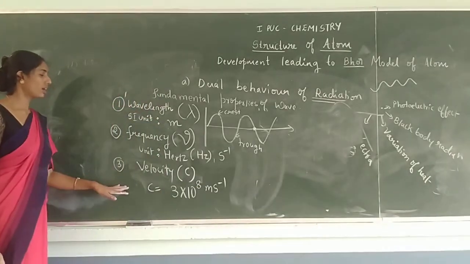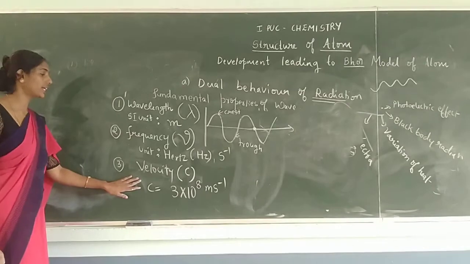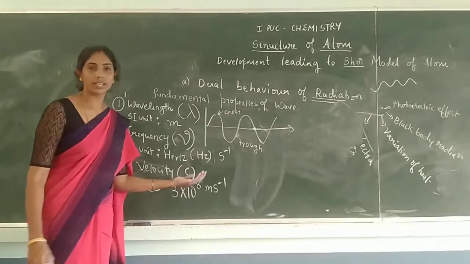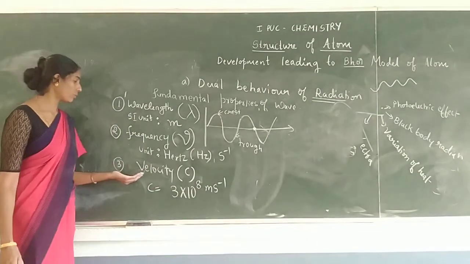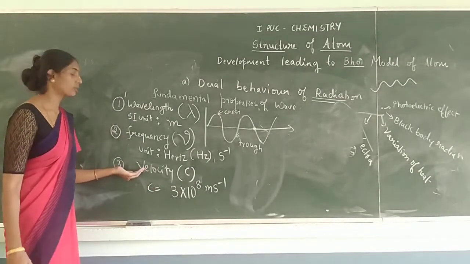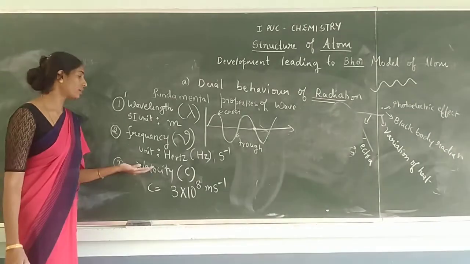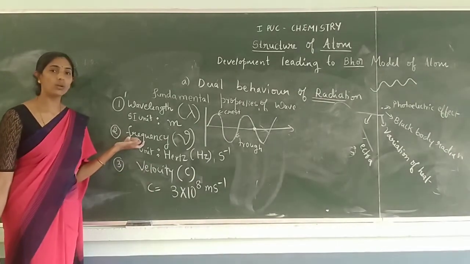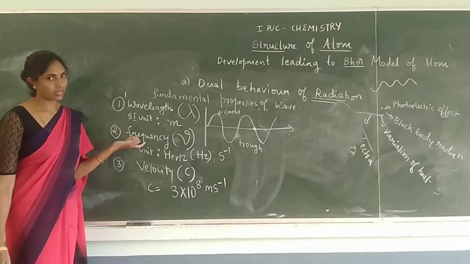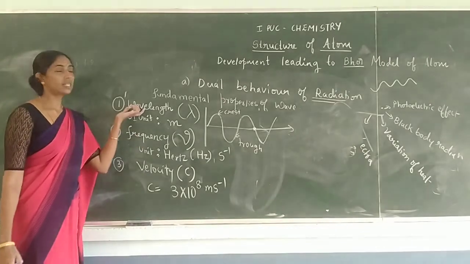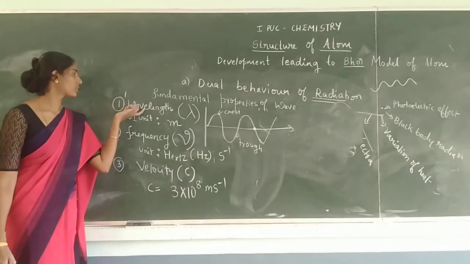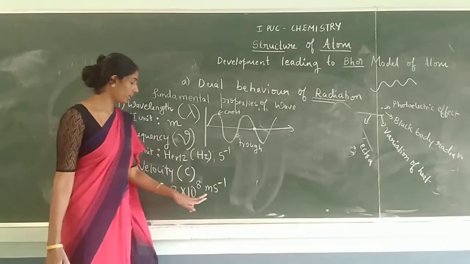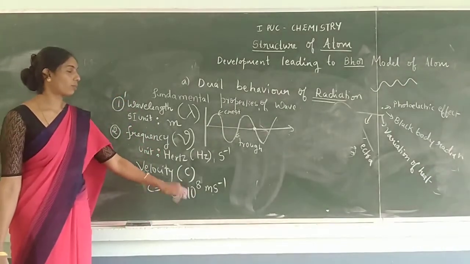So how to remember the velocity? Speed of light is usually given by what? Velocity. Frequency is the number of light waves passing through a point per second. Distance between the successive crests and troughs is called wavelength. And velocity is given in meter per second, and its value is 3 into 10 to the power 8.